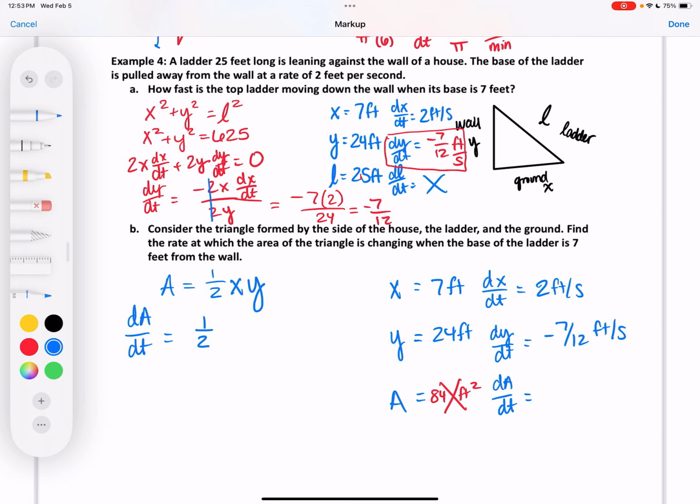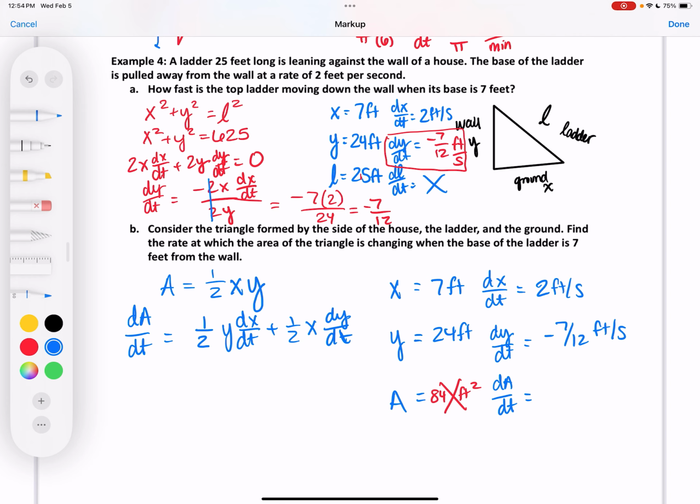Do I keep the x or the y? Well, it depends on what you're taking the derivative of first. Are you taking the derivative of x or y first? Oh yeah, it's a product rule. So 1/2 dx/dt times y plus 1/2 dy/dt times x. I just like the dx/dt, dy/dt at the end, but it doesn't matter. The order you said it is totally fine.